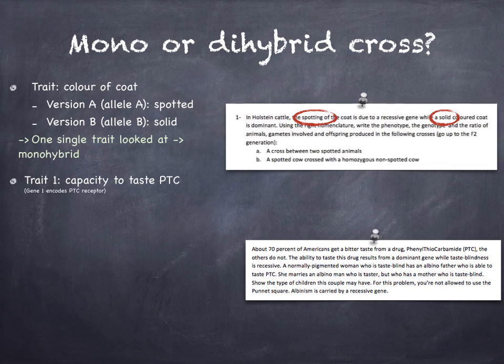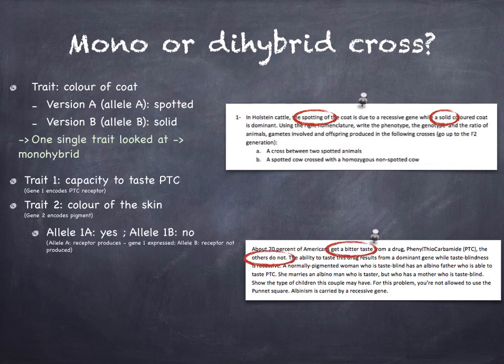And the second trait that we are looking at is whether people are normally pigmented or if they are albino, so they have a total absence of pigmentation in their skin. So this is the second trait, the color of the skin, basically the presence of a pigment in the skin or not. So you have for each of these traits two versions.